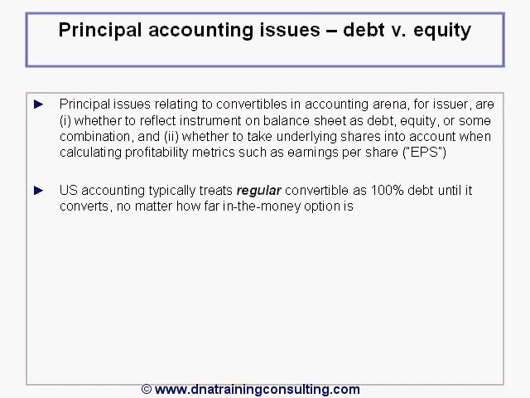U.S. accounting typically treats a regular convertible as 100% debt until the time it converts, no matter how far in the money the conversion option may be.